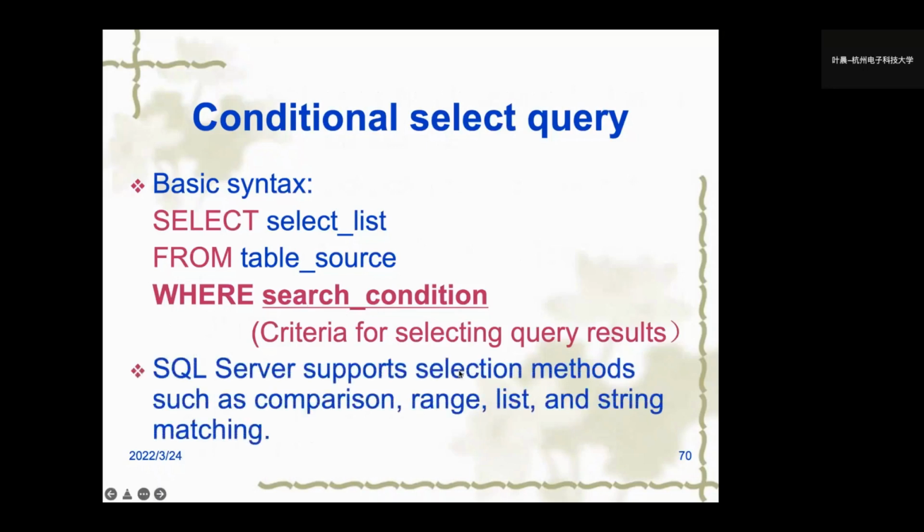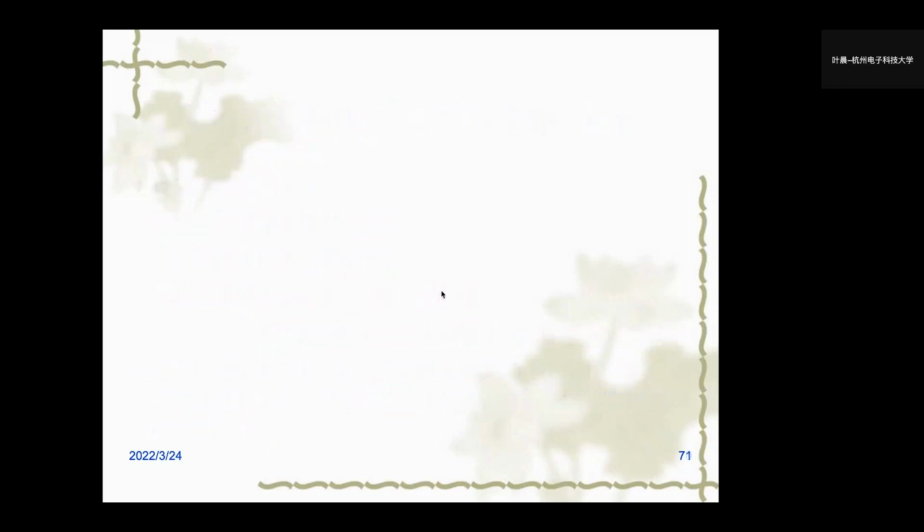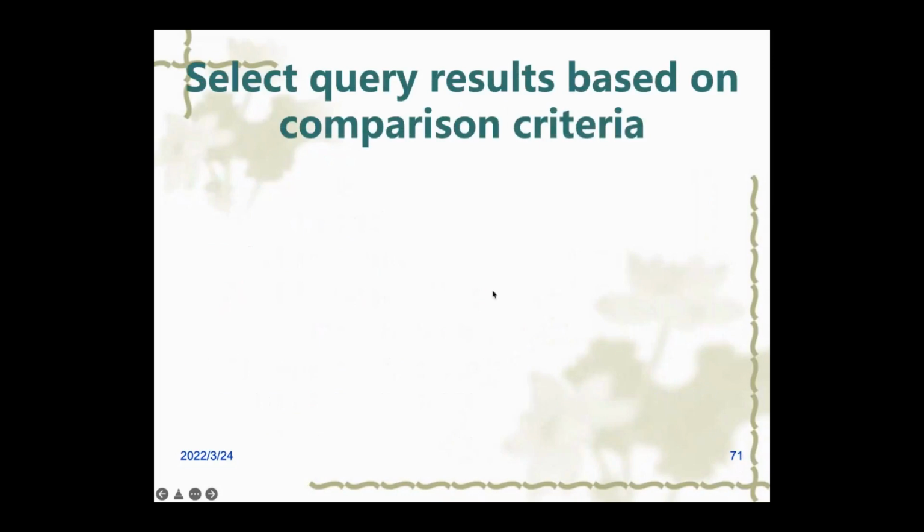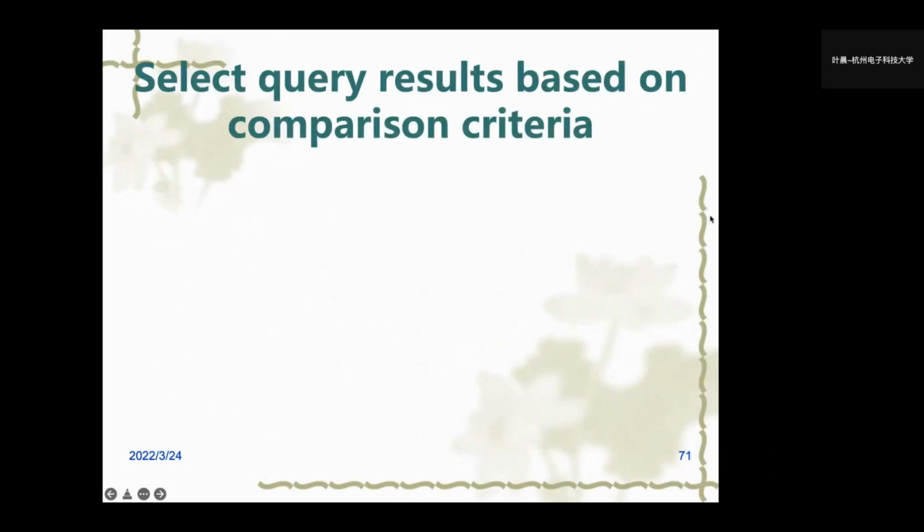And SQL Server, which is a relational DBMS that is widely used, supports selection methods such as comparison, range list, and string matching. And let's see the first select query result based on the comparison.